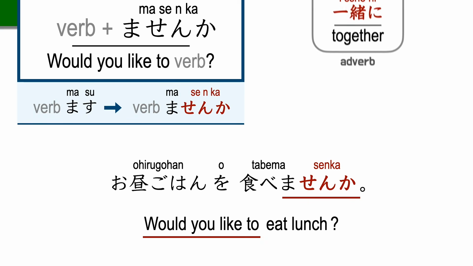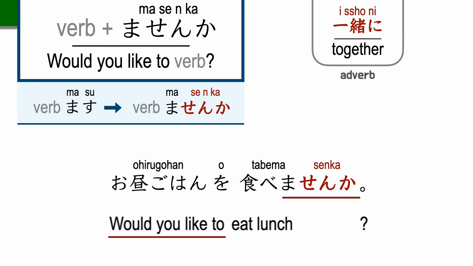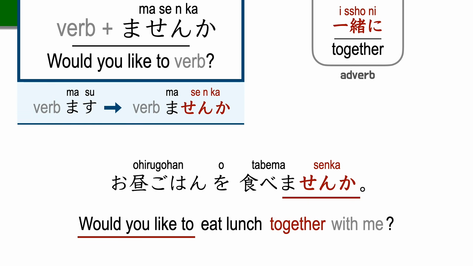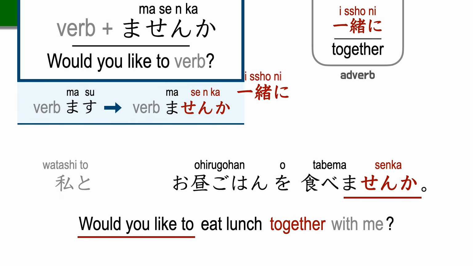It's often used with the adverb 一緒に, together. Would you like to eat lunch together with me? 一緒にお昼ご飯を食べませんか?